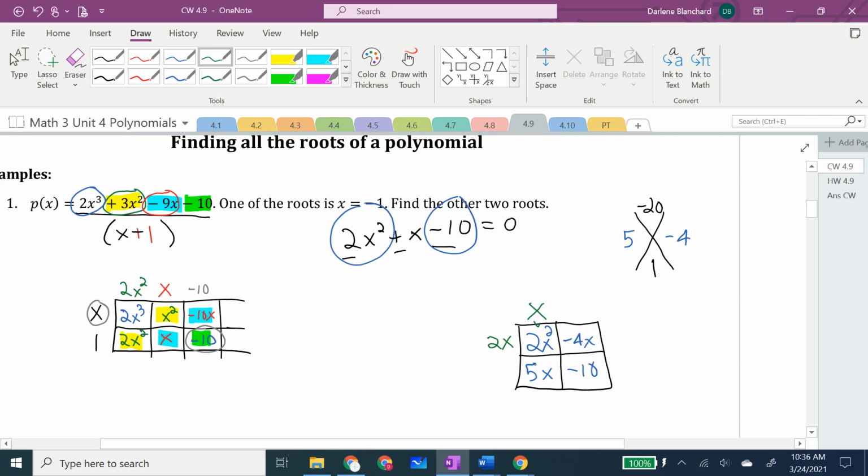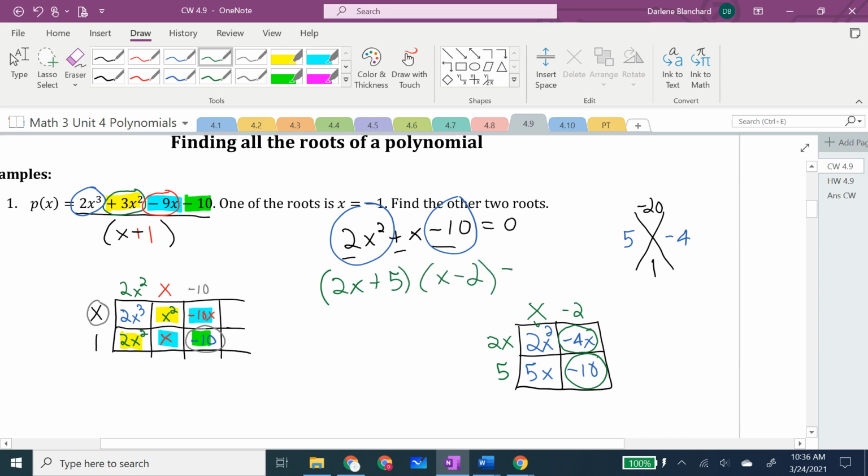And if this is x, then this is going to have to be 5 to multiply to make 5x. And we're actually close to done. Now I look over here at this negative 4x. 2x times what? Negative 2 will give me that. And then 5 times negative 2 is negative 10. Woohoo! Factored. So I have a 2x plus 5 and an x minus 2.